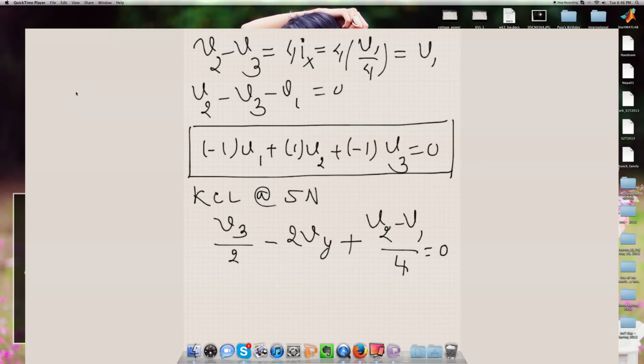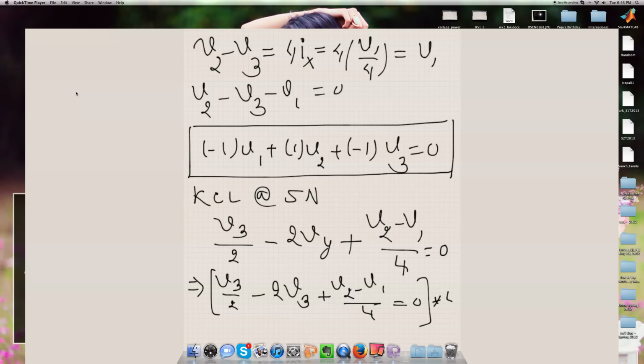So we can rewrite this as V sub 3 over 2 minus 2 times V sub y. Realize that V sub y is simply V sub 3. So we write V sub 3 over 2 minus 2 V sub 3 plus V sub 2 minus V sub 1 over 4 equals 0. And to simplify this, what if we hit hard with something big such as 4? If we multiply the whole thing by 4, we take out the denominators.